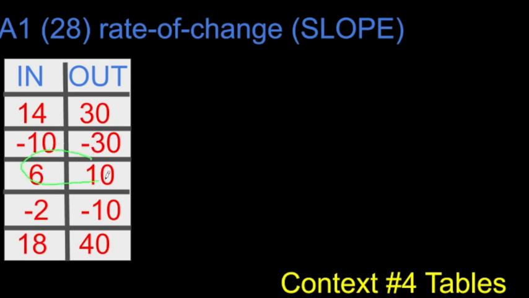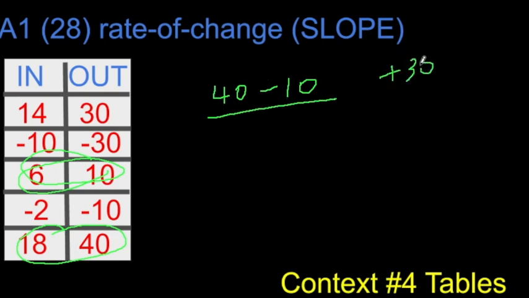Choose 2 rows. So we'll use 6, 10 and 18, 40. From 10 to 40, that's an increase of 30. From 6 to 18, that's an increase of 12.